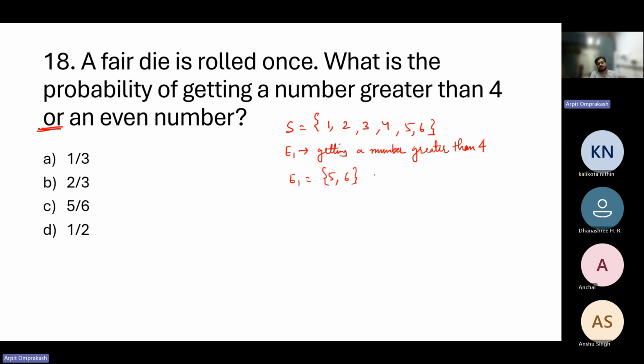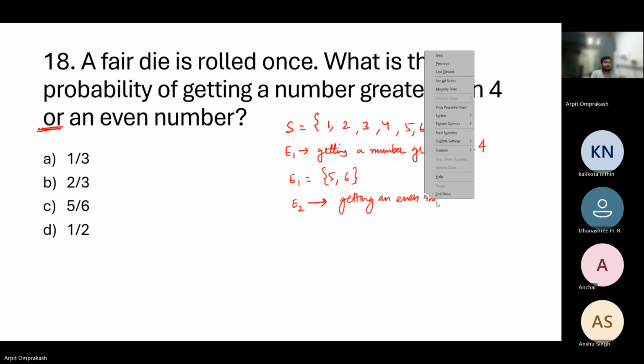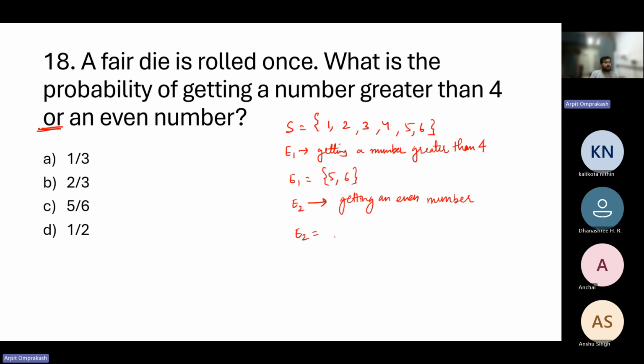Two numbers can satisfy this condition if we get it in the dice roll. And a second event, the one that comes after the OR, is getting an even number. So E2 will be 2, 4, and 6 because all these three numbers are even, right?